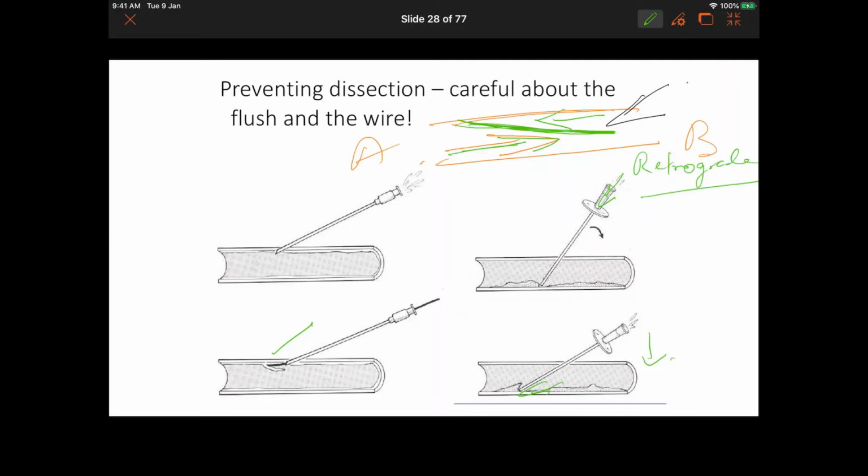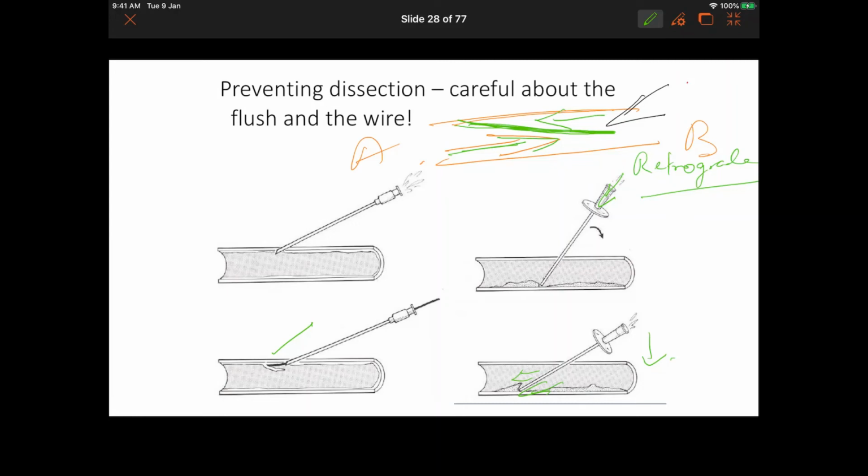In that condition, the chances are you will be in the true lumen away from the wall. And the wire should not be pushed hard. It should be very gentle. If you find any resistance, take away the whole thing, wait and do compression there. So you can prevent retrograde dissections.